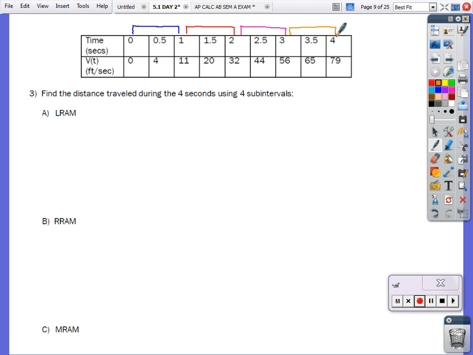So why is that helpful? Because I'm going to be asking you to do LRAM, RRAM, MRAM, and so if you have them broken up, the first thing you can tell is your X values are always your width. Your Y value is going to be the height of your rectangles.